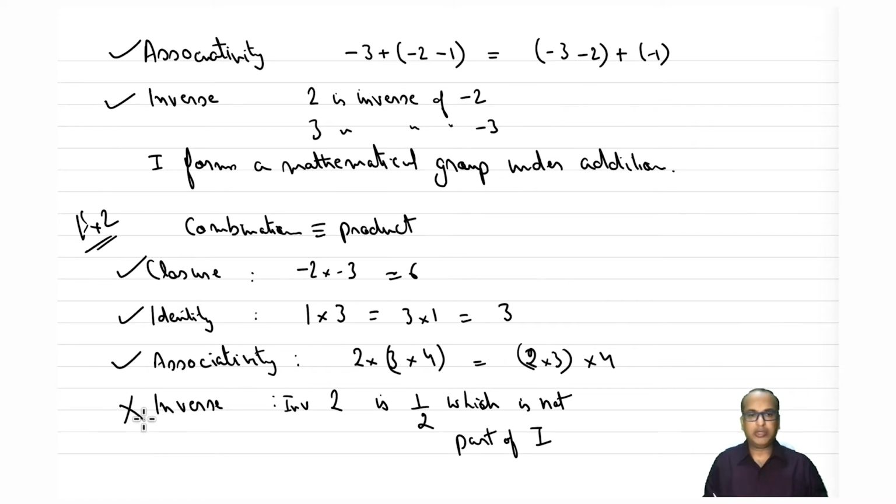So inverse does not hold. That means I does not form a mathematical group under multiplication. So that's example 2. Okay, let's look at more examples. We all know the cube roots of unity.